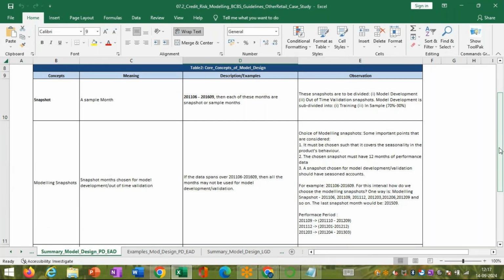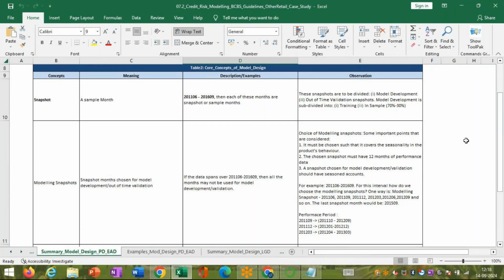Now, this available period, or the total vintage that is available to me, is divided into model development snapshots and out of time validation snapshots. And the model development data is further subdivided into training and holdout or in-sample data. So this is basically the concept of a snapshot.